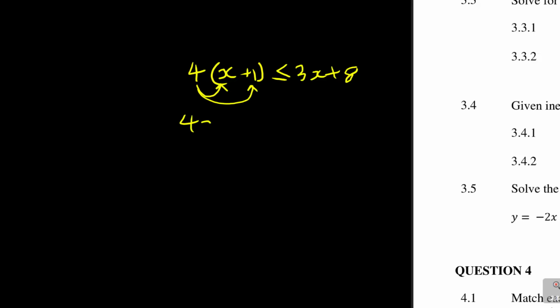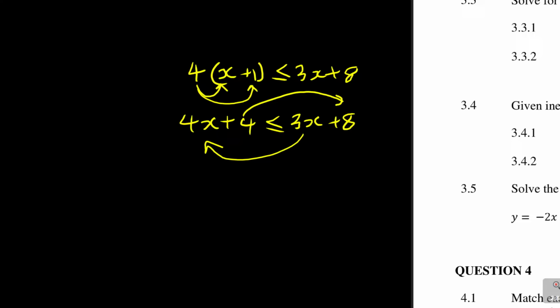So it's 4x plus 4 is less than or equal to 3x plus 8. See that? Now you collect like terms. Let 3x join and let 4 join that. So it will be, remember, 3 is positive to negative. Treat this like an equal sign. You see what I mean?